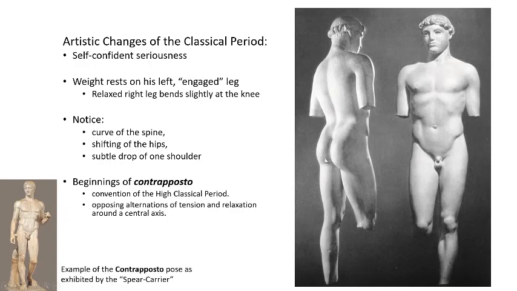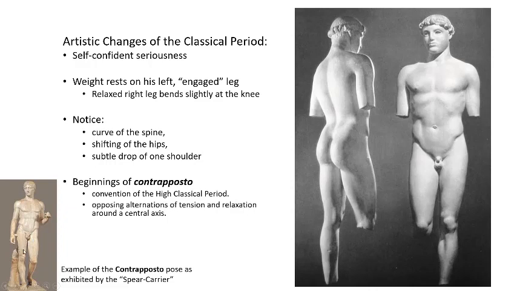All this shifting of weight and balance is working toward what we call, in the art realm, the contrapposto pose. And this guy here on our left, this is the spear carrier.